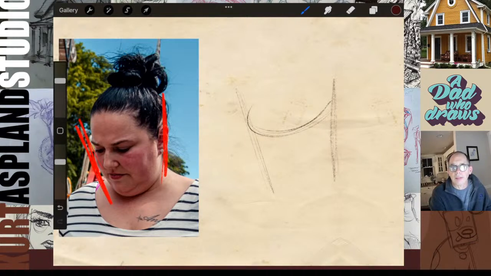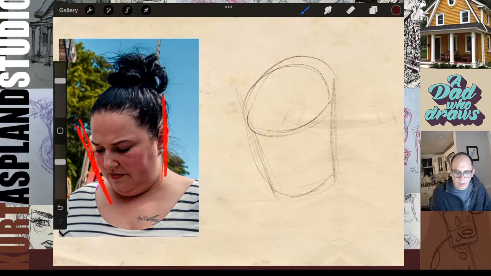So now with this, I can kind of get an idea of where that brow line is going. And now at this point, what I would do, me personally, I would start to work in this shape or volume going. And I'm still going very light here. I'm trying to get the gesture.